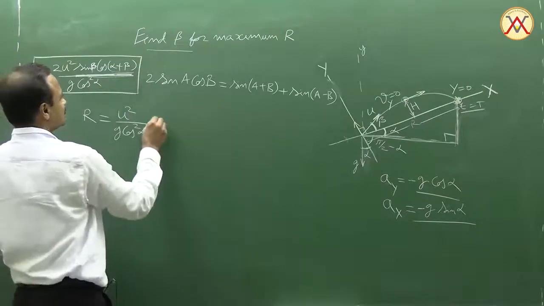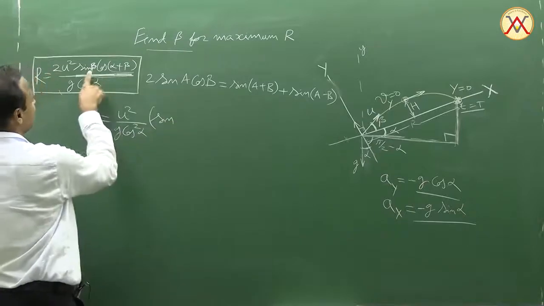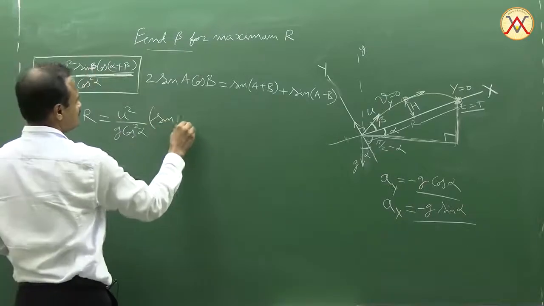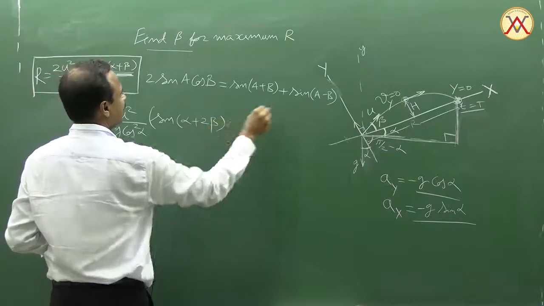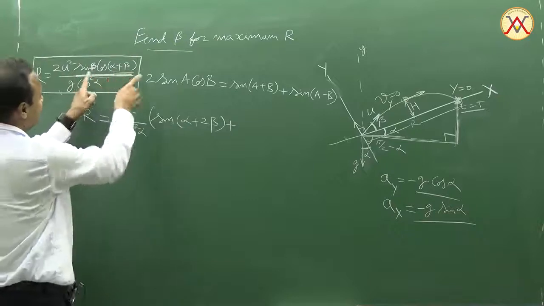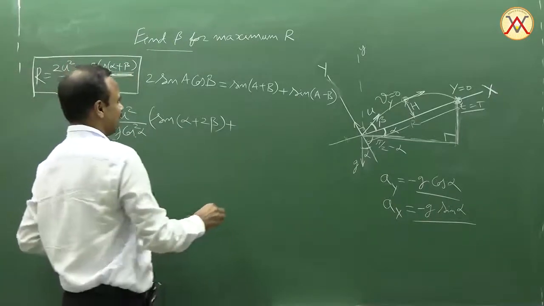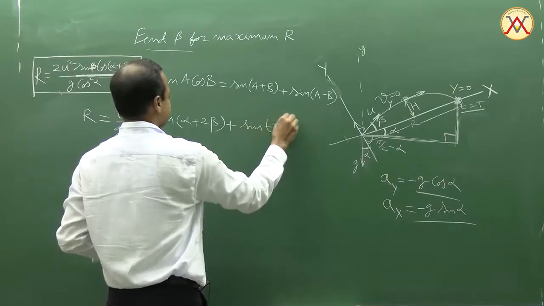So it becomes sine of A plus B, which is alpha plus 2 beta, and A minus B, which is beta minus alpha minus beta. So it becomes sine of minus alpha.